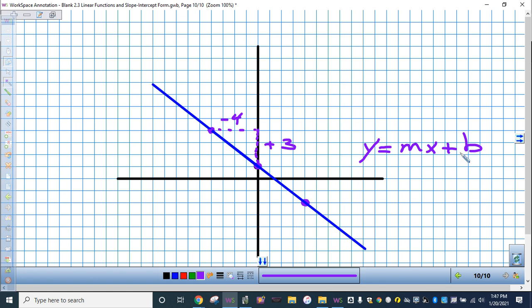Lexi, what's b? You are correct. How about the slope? -3/4. So y equals -3/4 x. Could I write 3/-4 x? Is that okay?